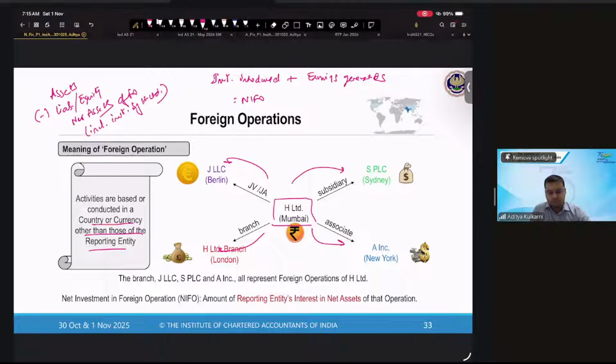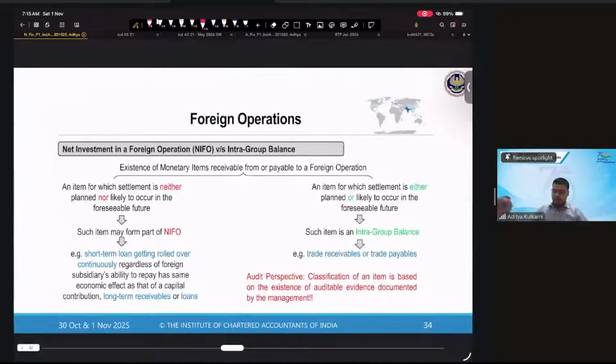And therefore, Ind AS 21 calls it a net investment in foreign operation. Okay, so now you understood the concept of net investment in foreign operation.